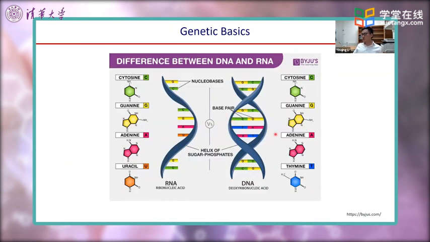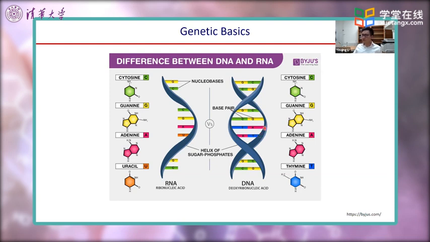So before we talk about detection, we need to refresh on the knowledge of genetics. The genetic materials can take two forms, RNA or DNA. The difference is that the DNA lacks an oxygen atom on its backbone compared to the RNA, but this makes the DNA much more stable than an RNA molecule.